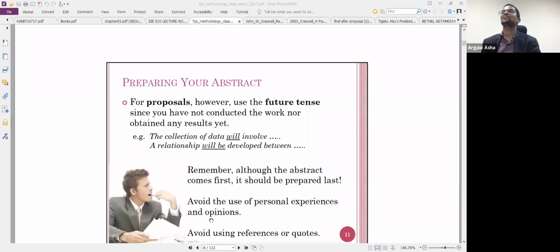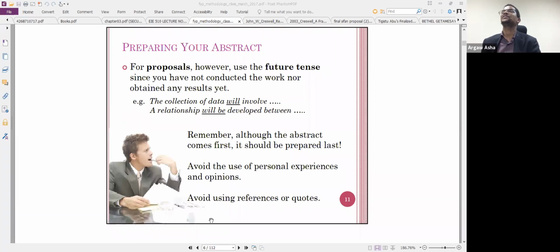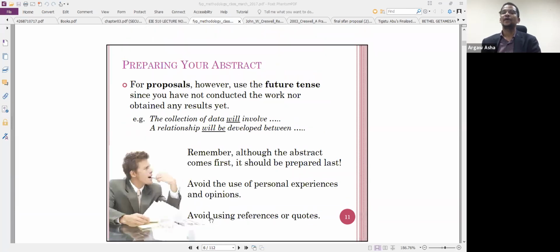You can use past tense in this case. As I mentioned earlier, when preparing your abstract, use future tense for proposals: the data will be collected, the relationship will be developed, and so on.